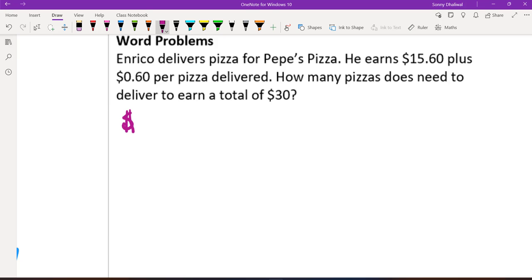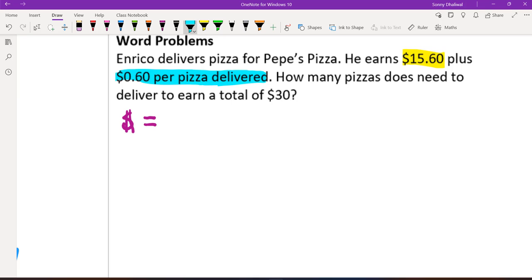And there's two ways he gets paid, right? He gets paid $15.60 just for showing up, right? Then he also gets paid by how many pizzas he delivers. And he gets paid 60 cents a pizza, right?